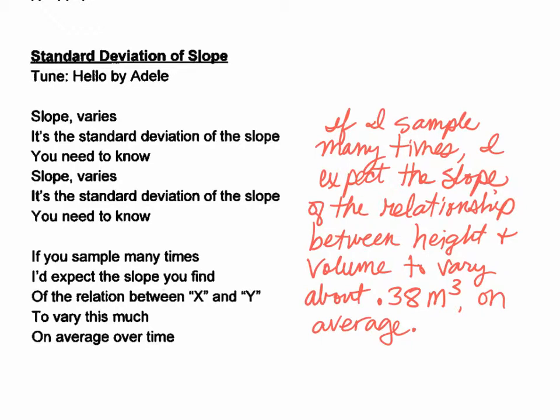So if I got a tree with a particular height, and the volume was 13.5 cubic meters above what I expected, then I would not be too alarmed. I think that's just a little bit denser tree. We had better weather, or whatever it was that contributed to that. So, the average amount that those actual Y's vary from the predicted Y's. And so that is what we find.